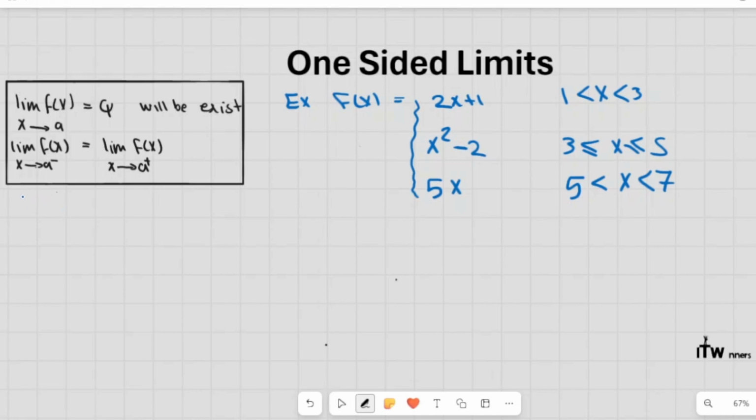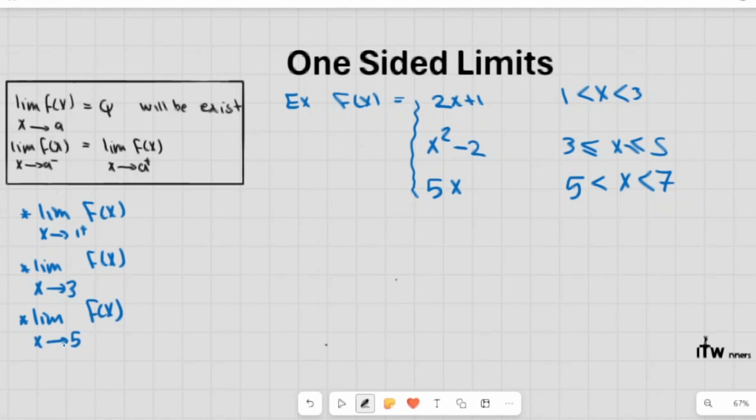Okay, and we are asked to find limit f of x when x approaches 1 positive, limit f of x as x approaches 3, limit f of x as x approaches 5, limit f of x, and here x approaches 7 negative.